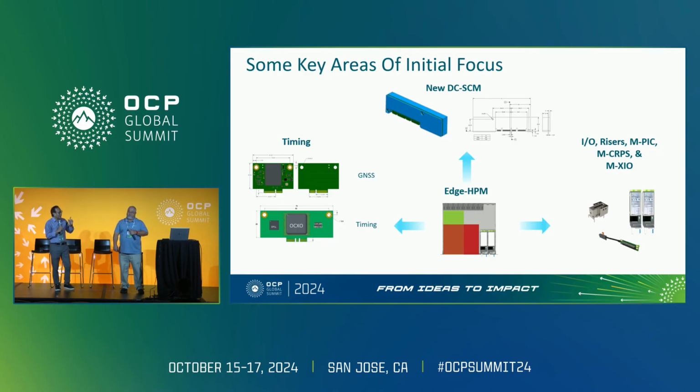As a result, the vertical form factor is the direction the team wants to pursue. Now, with the edge, the goal is also to provide a cable interface to the DC-SCM. It allows us the flexibility to put the I/O faceplate where it needs to be, and also to have different I/O faceplate configurations for the edge.